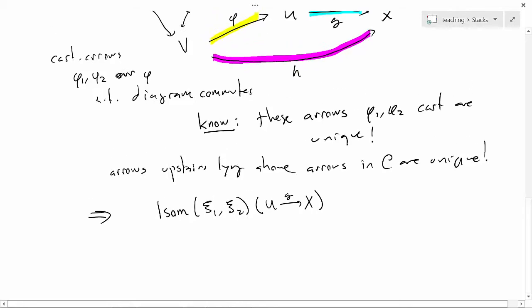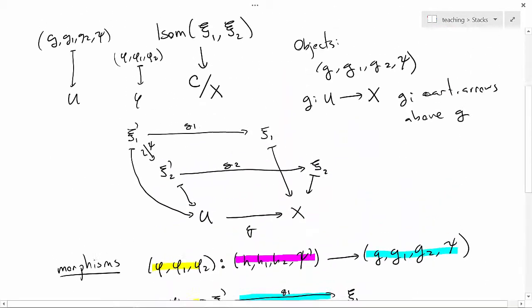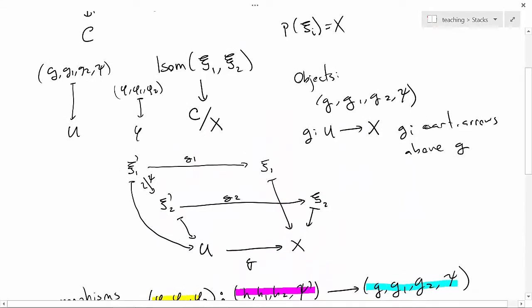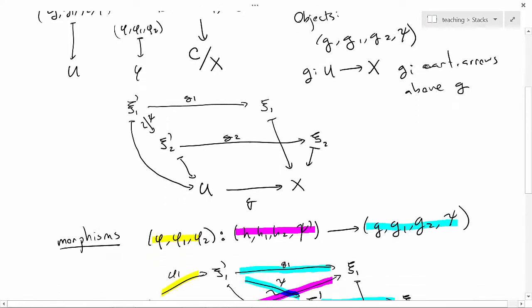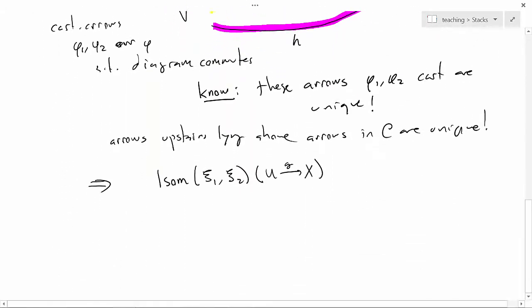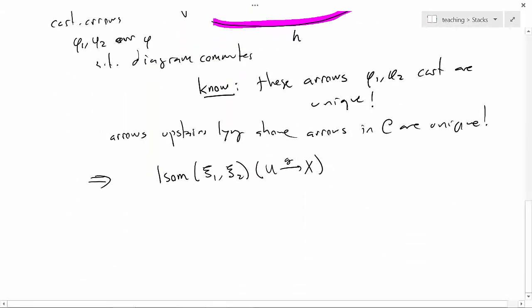These are the categories that lie above a particular object, and I'm looking at morphisms that are coming from the identity morphism downstairs. But lifts are unique, so there's only one thing lying over the identity morphism. So that says that in here, all morphisms are identity morphisms.